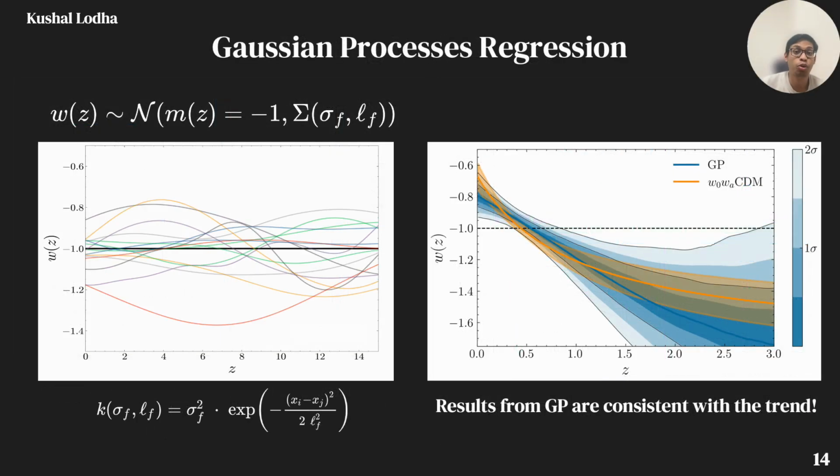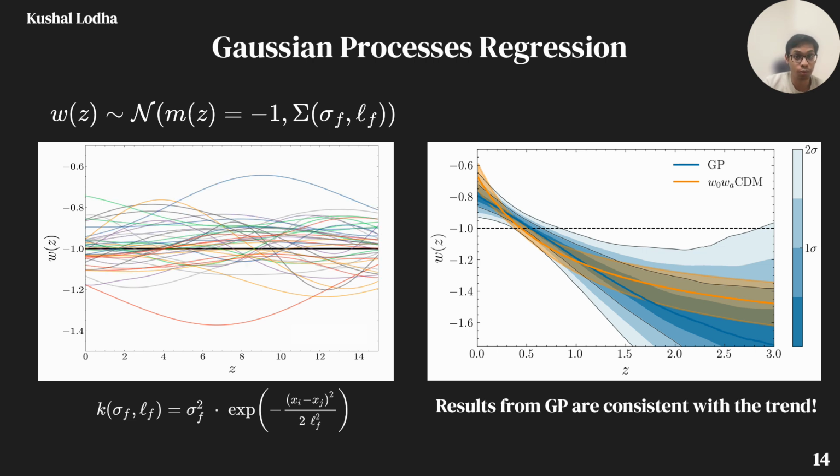Another non-parametric approach we can use is Gaussian process regression. Instead of assuming a specific functional form for w of z, we can use a Gaussian process to draw samples from the functional space. The Gaussian process is defined by a mean function, which in our case is the Lambda CDM prediction of -1, and 2 hyperparameters.